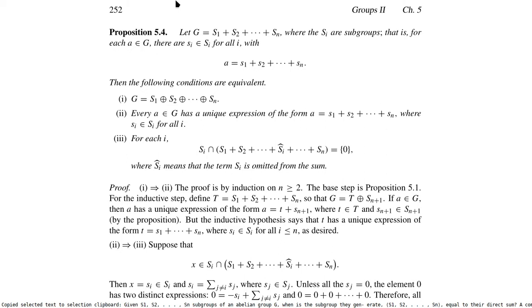So G can be written as the sum of n subgroups, and every element of G can be expressed as a sum of elements from all these subgroups, right? So this means that this is a direct sum, and this expression for every element of G is unique.